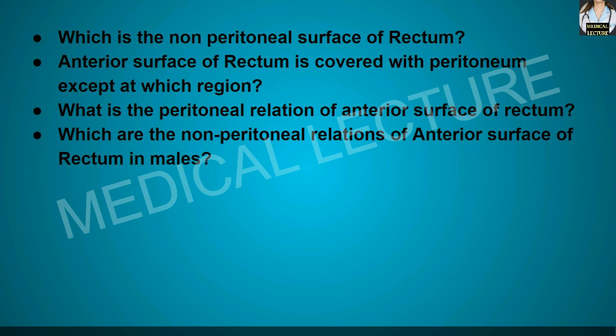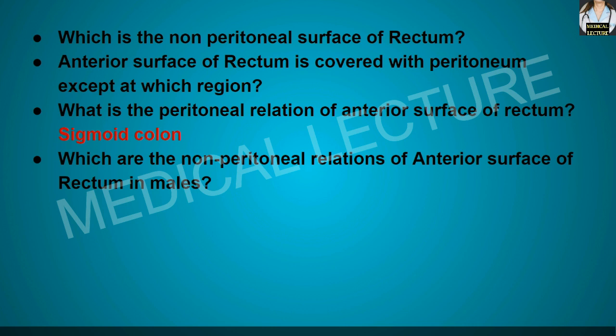Which is the non-peritoneal surface of the rectum? The lateral surface. The anterior surface of the rectum is covered with peritoneum except at which region? Lower one-third. What is the peritoneal relation of the anterior surface of the rectum? The sigmoid colon is the peritoneal relation of the anterior surface of the rectum.